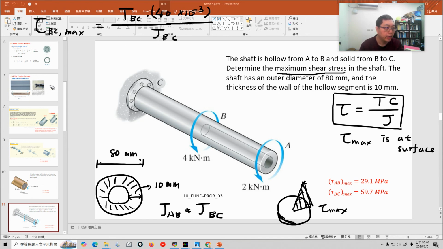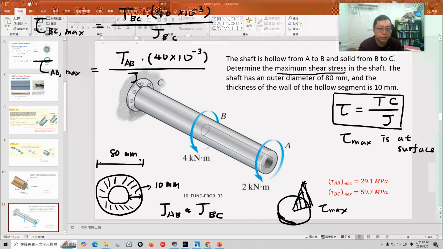For the AB part, I need the torque at the AB part times the radius, which is also 40 times 10 to the power minus 3 meter, and we need to divide it by J. What else?